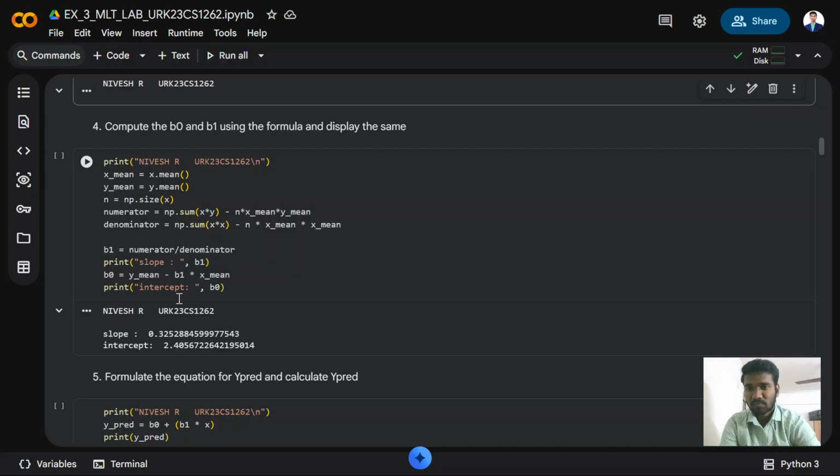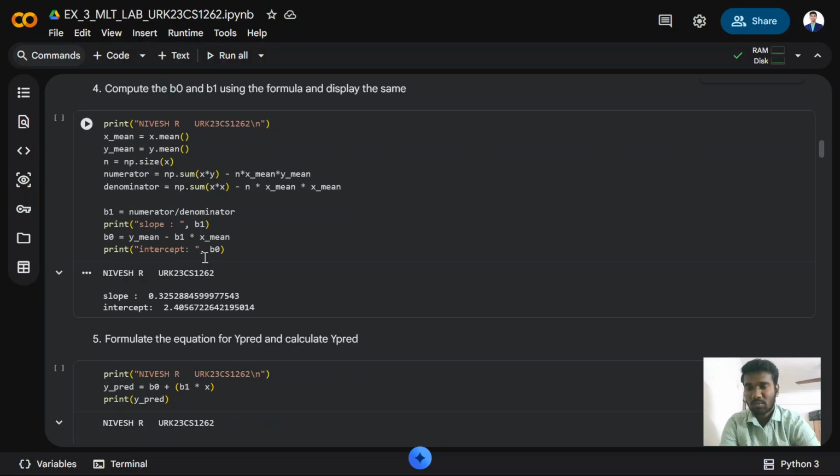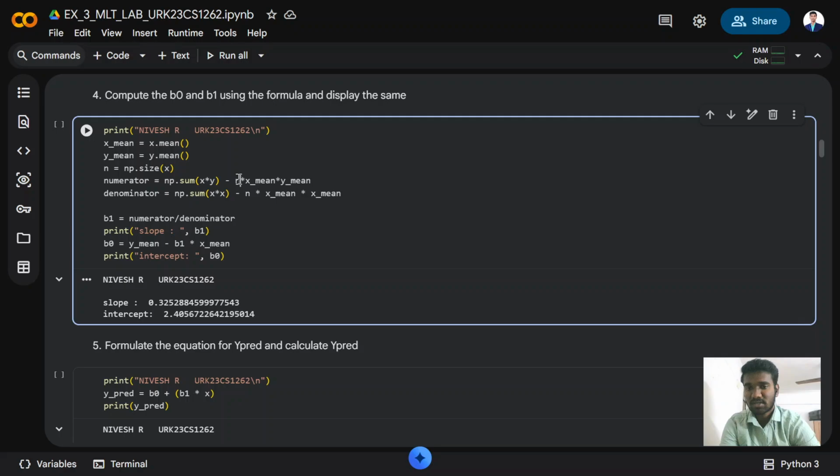First, for calculating anything in regression we need x mean and y mean and numerator, and we are not using any formulas. Here we are using equation, that is the B1 numerator, equation for denominator.